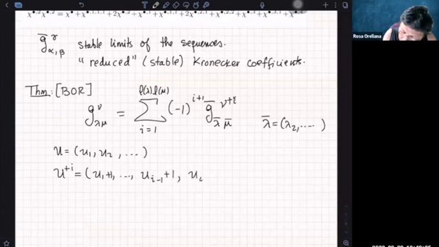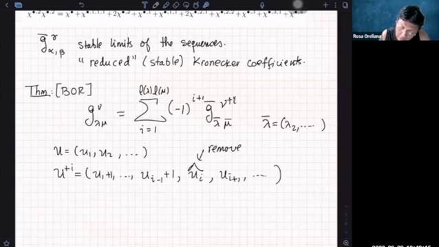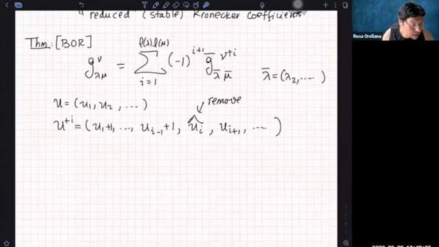Then you remove the I, and leave everything else the same. So it says that you can obtain any Kronecker coefficient as a signed combination of the reduced Kronecker coefficients. So once you figure out the reduced ones, up to sign, you can figure out all the other ones.